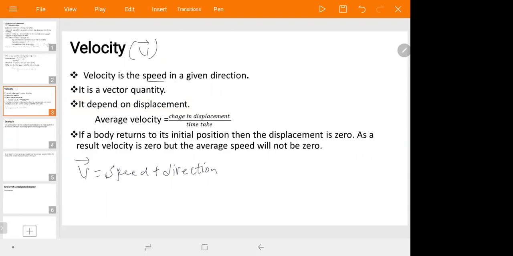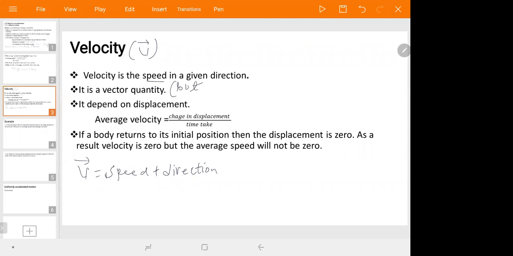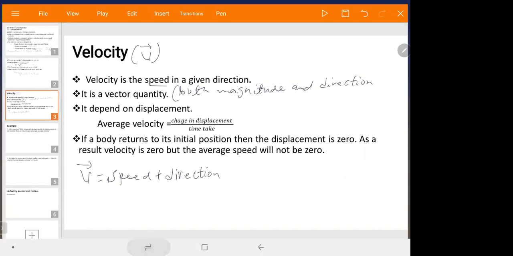Vector means it is described by both magnitude and direction, as you have learned about vectors in grade 7. And speed depends on what?